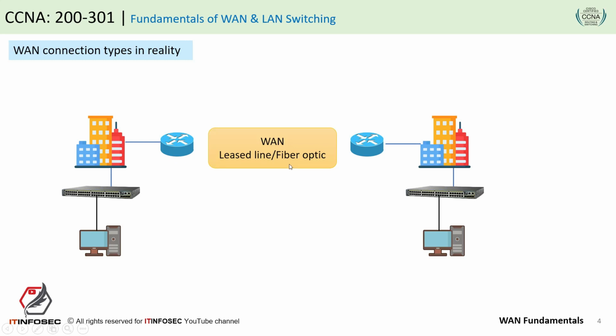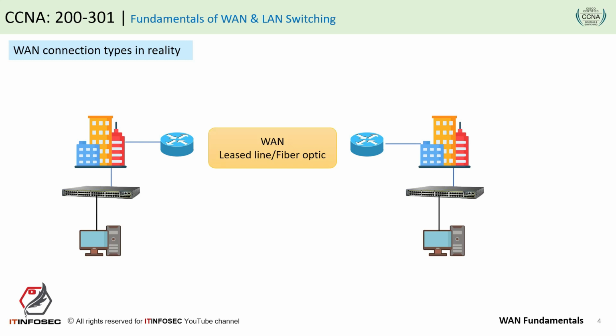What about a leased line? A leased line is the physical WAN link that a telecommunication provider offers to each customer. It's an old technology, maybe in some places it is not present and is not offered now.